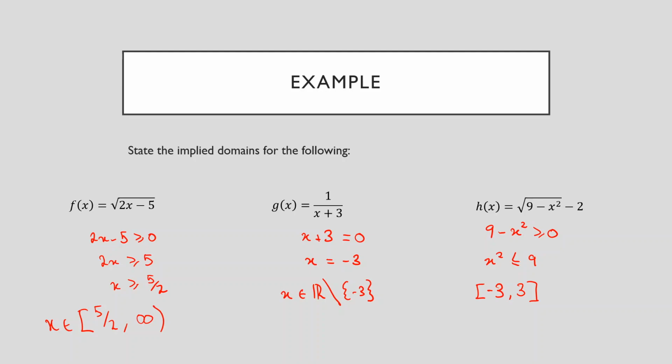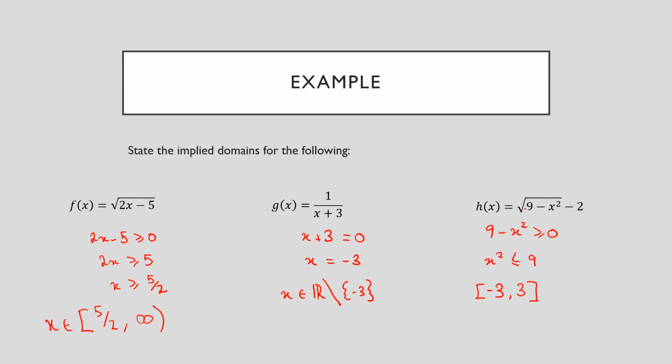Now, you might be wondering, how did we get this? You might just be confused. What did I do here? Let's recap quickly. We have to make it so that the square root is able to be evaluated. And it's only able to be evaluated if it's greater than or equal to 0. We can't do square roots of negative numbers.